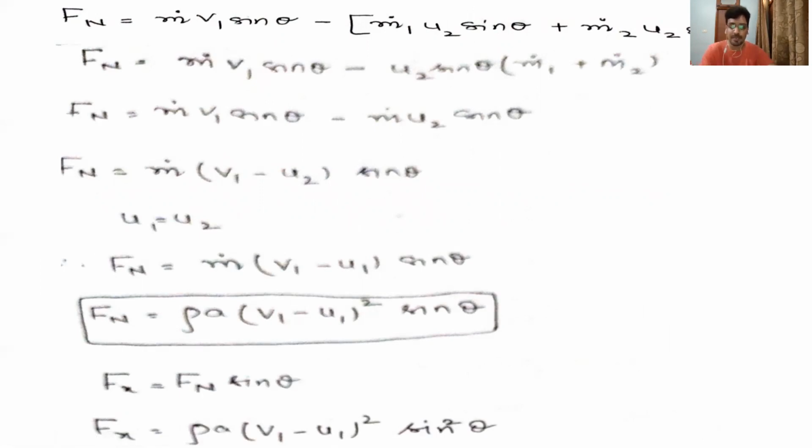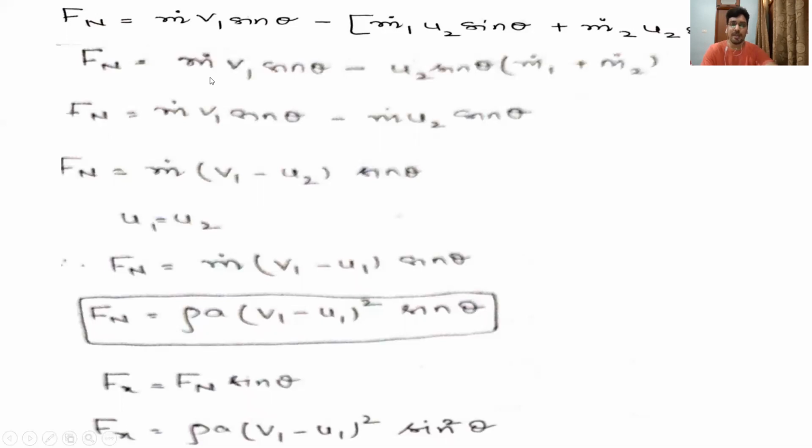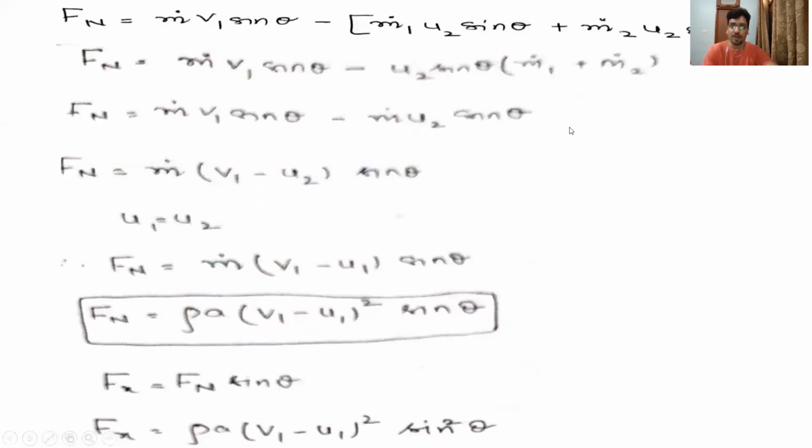The initial momentum will be v1 sine theta into the mass flow rate, that is m dot v1 sine theta, minus the final momentum, which is u2 sine theta into m dot 1, that is m dot 1 u2 sine theta plus m dot 2 u2 sine theta. So Fn will be m dot v1 sine theta minus m dot u2 sine theta.